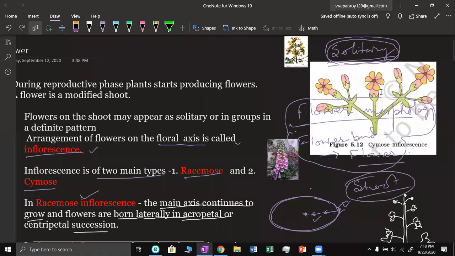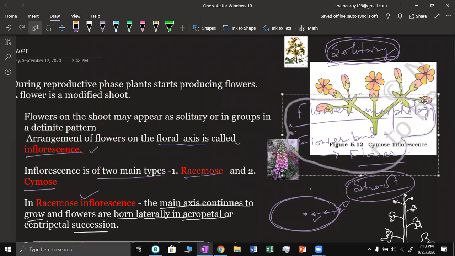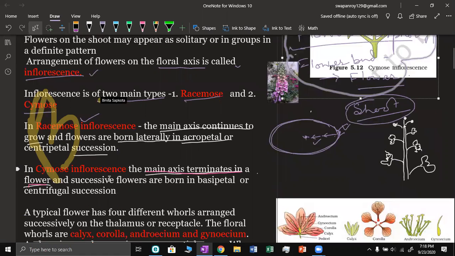So here we can see the large flower at the tip and the young flowers at the base. This is known as basipetal succession, or centrifugal succession.